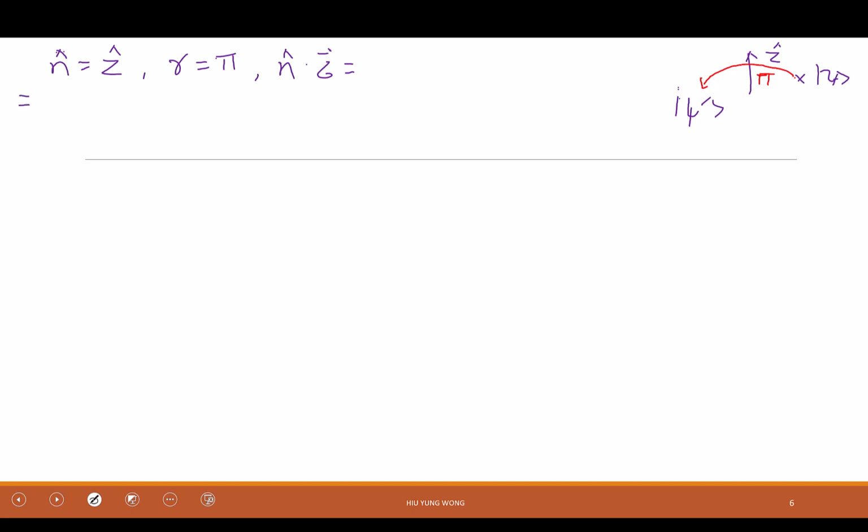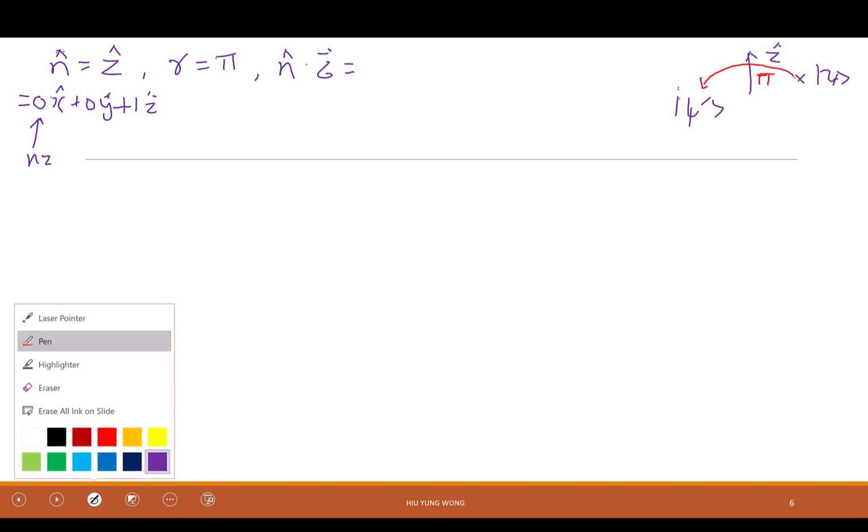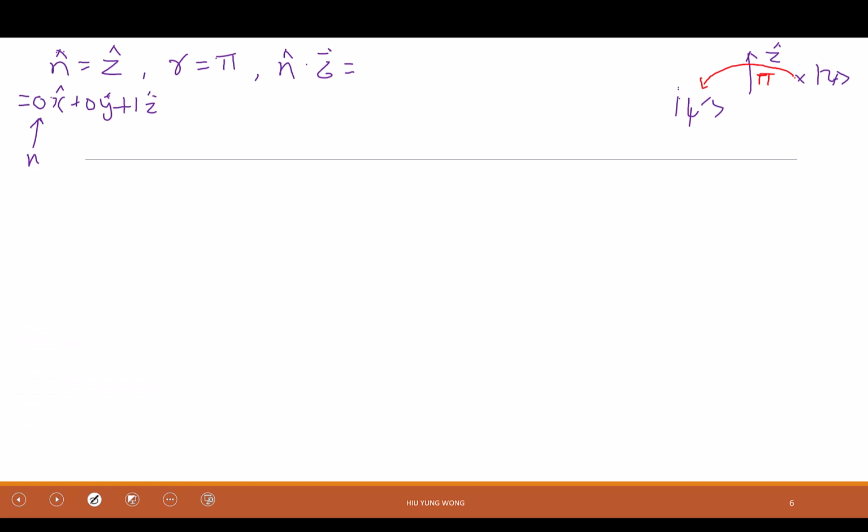Because this is just saying that this is equal to 0 x hat plus 0 y hat plus 1 z hat, with nx equal to 0, ny equal to 0, and nz equal to 1. So if you plug in, you will get 1, 0, 0, negative 1, which is just the Pauli z matrix. That's okay?